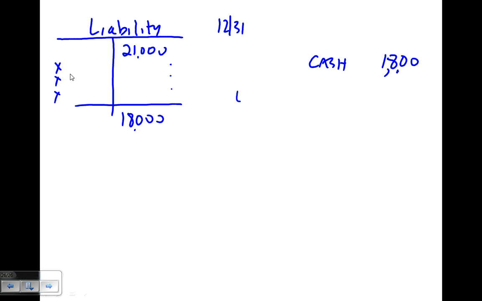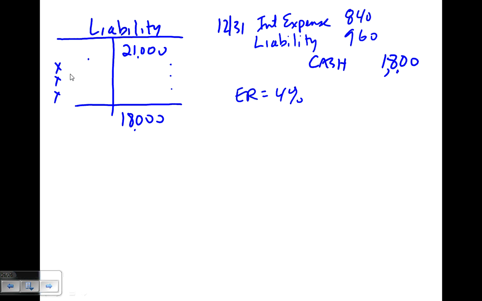And remember, my new effective interest rate is 4%, and so my interest expense is the 4% times $21,000, which is $840. And so my liability is going to be decreased by $960. And right, after that point, I'll have a new carrying value. My carrying value after that date will be $20,040.